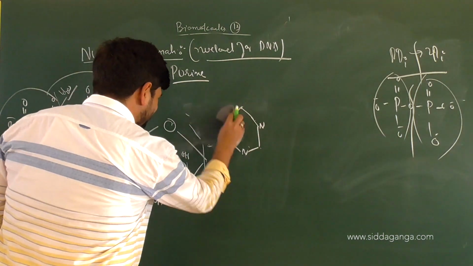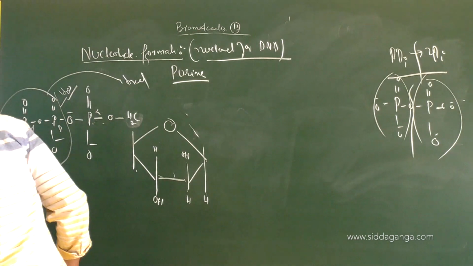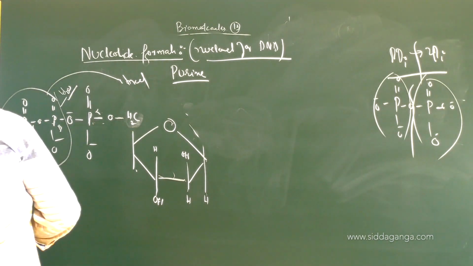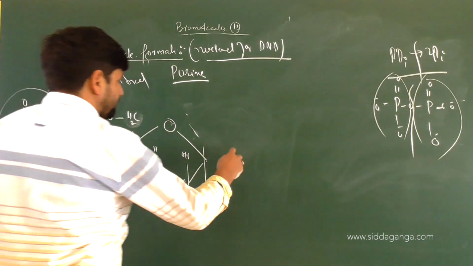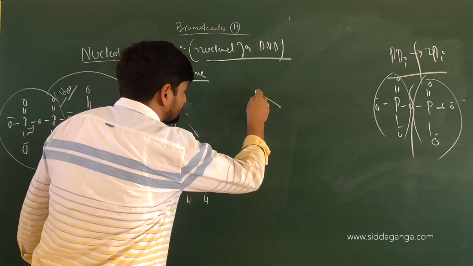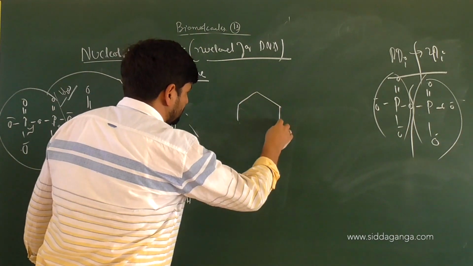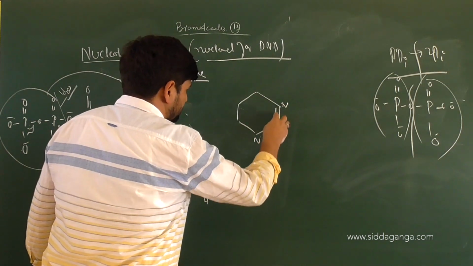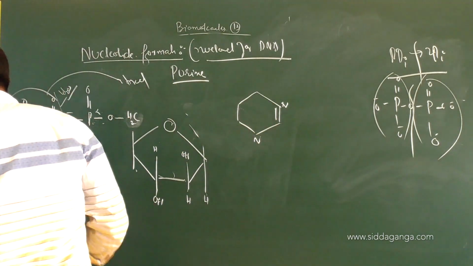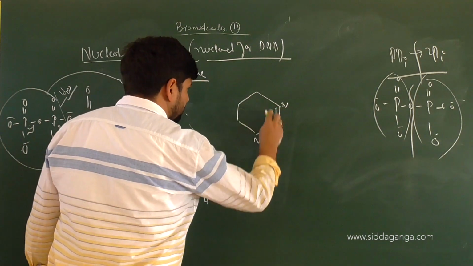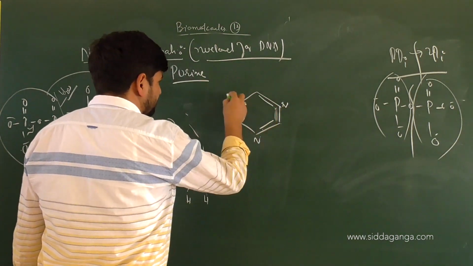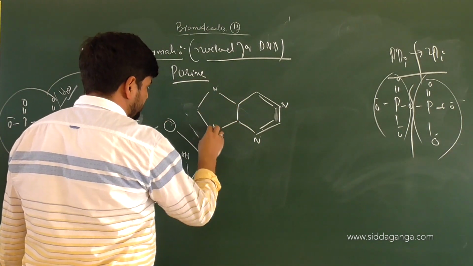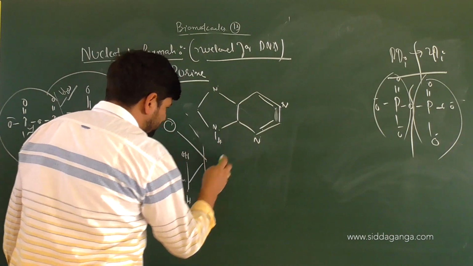I'll draw it clearly. You have nitrogen here, a double bond here, one double bond here, then nitrogen here and nitrogen here. This nitrogen is attached to hydrogen.